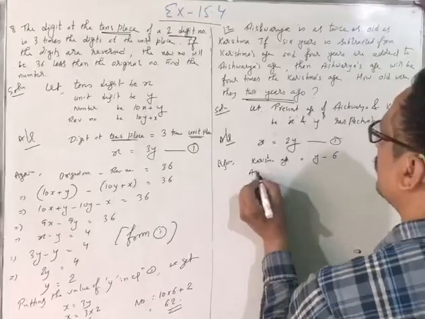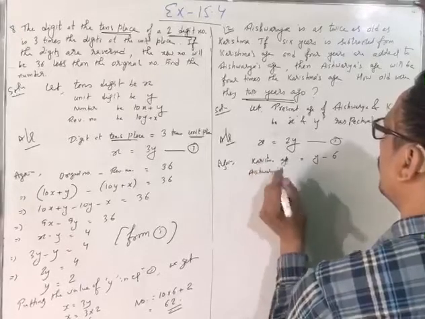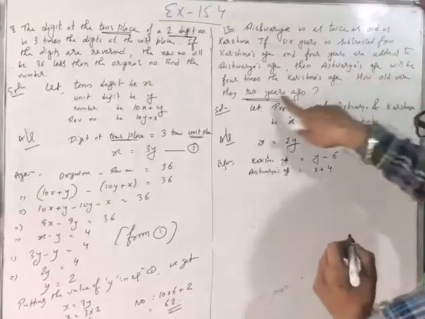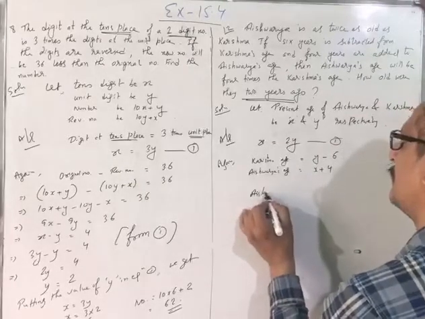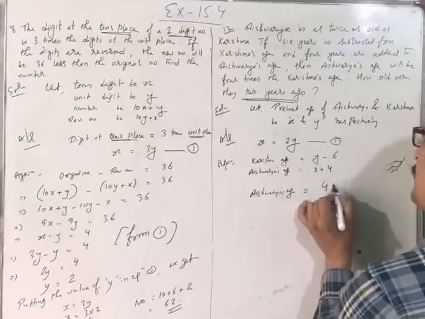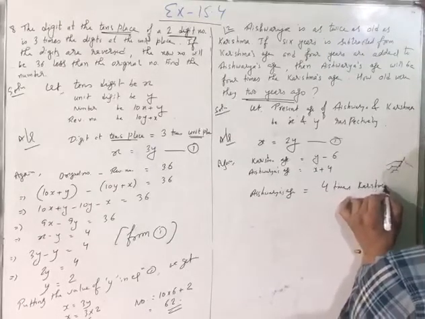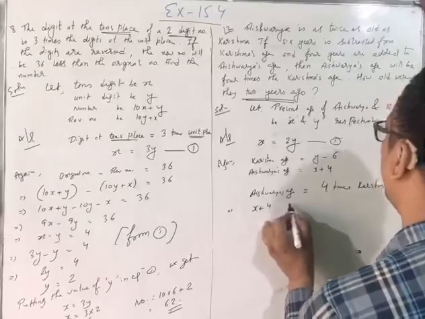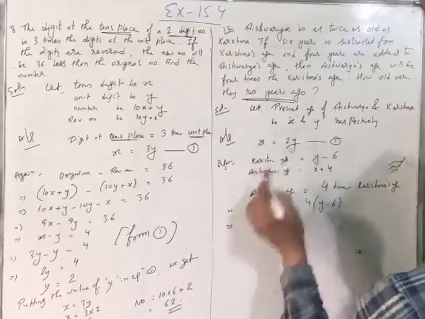And 4 is added to Aishwarya's age. Then Aishwarya's age will be 4 times the Karishma's age. Aishwarya's age means x plus 4 equals 4 times y minus 6. Now we have to put the value of x.